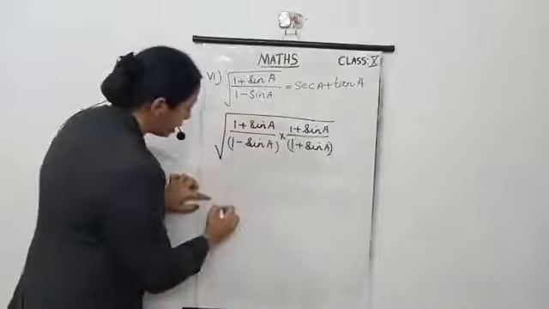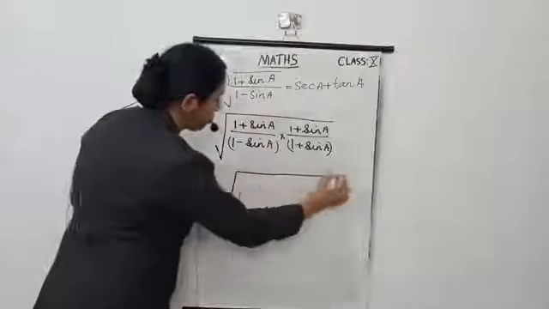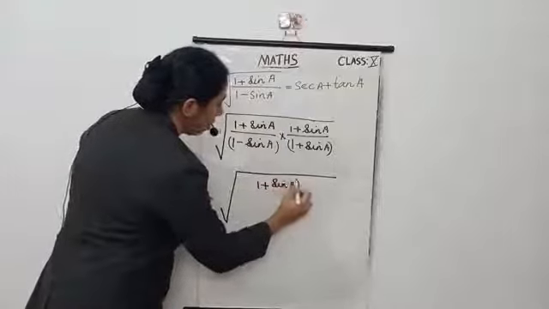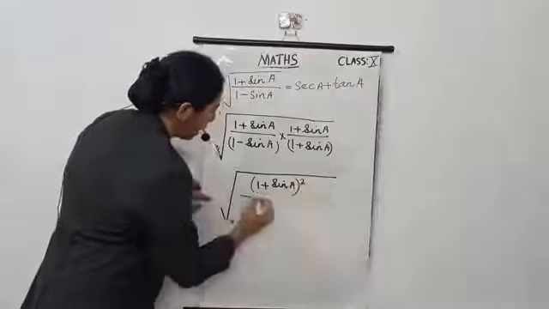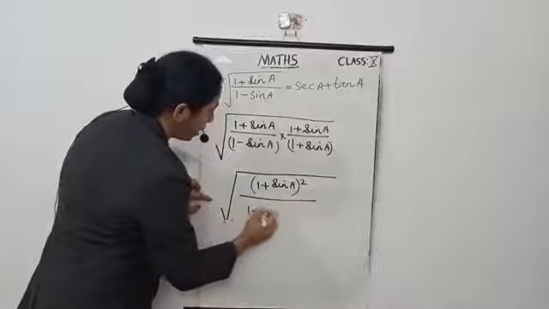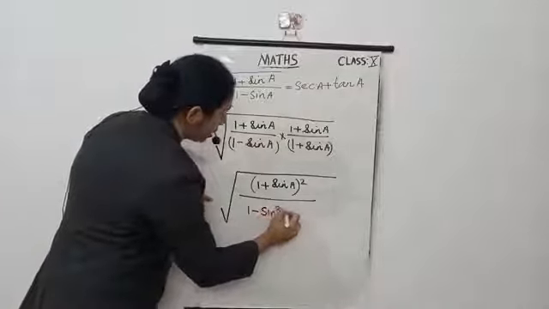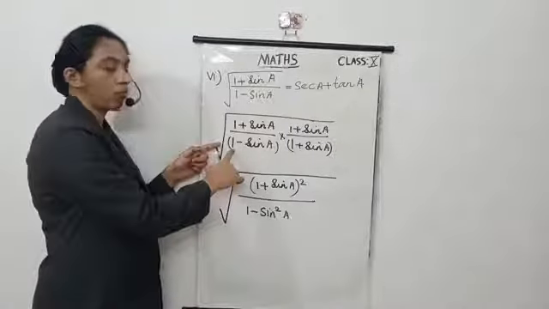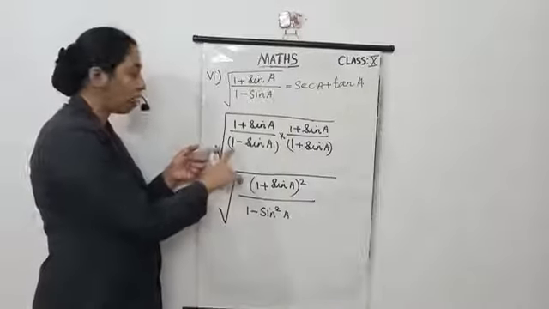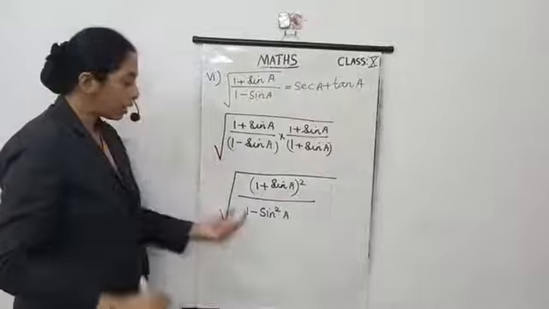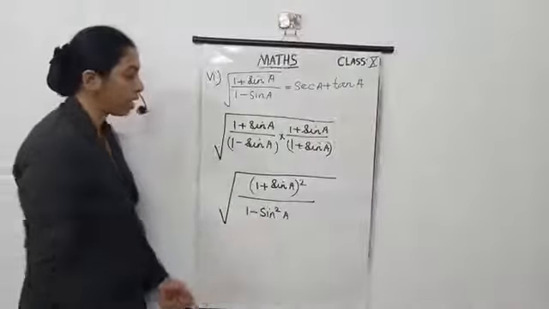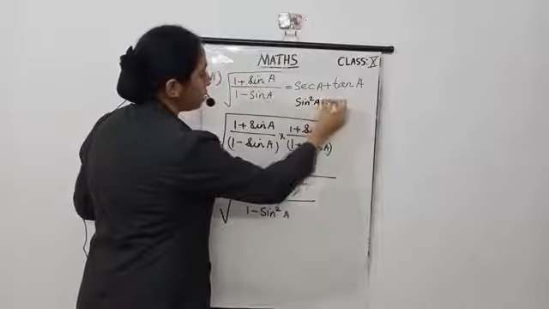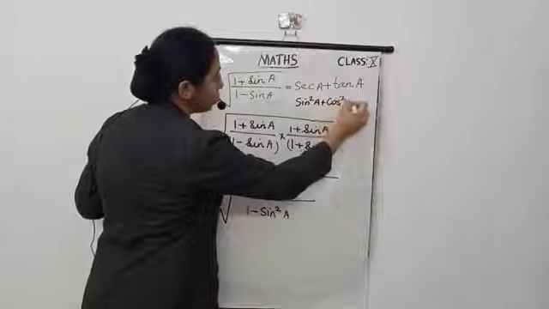This is like x into x, that is x square. So we can write this as root of (1 plus sin A) whole square by 1 minus sin² A, because 1 square is at the place of a square, and 1 square is 1 itself, so this is 1 minus sin². Now consider the identity sin² A plus cos² A equals 1.